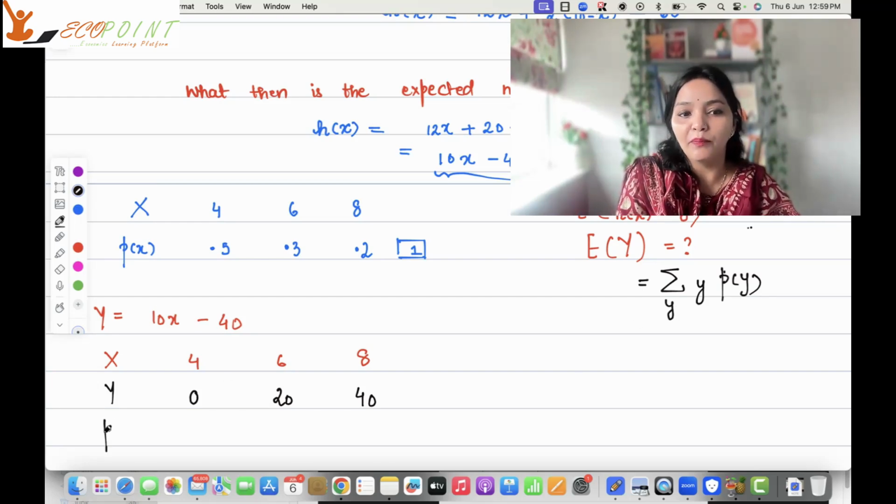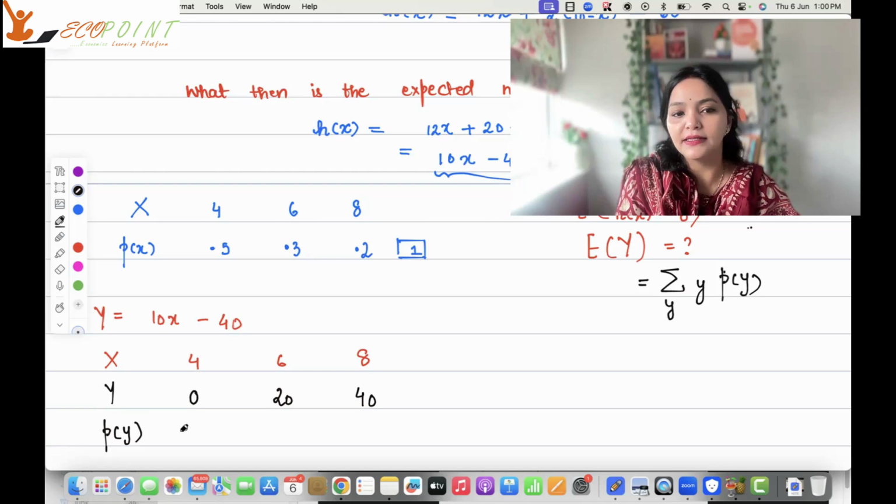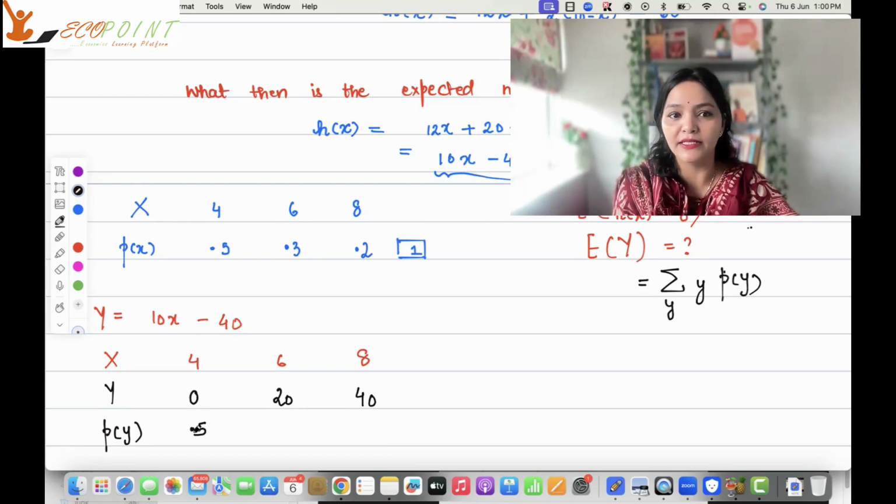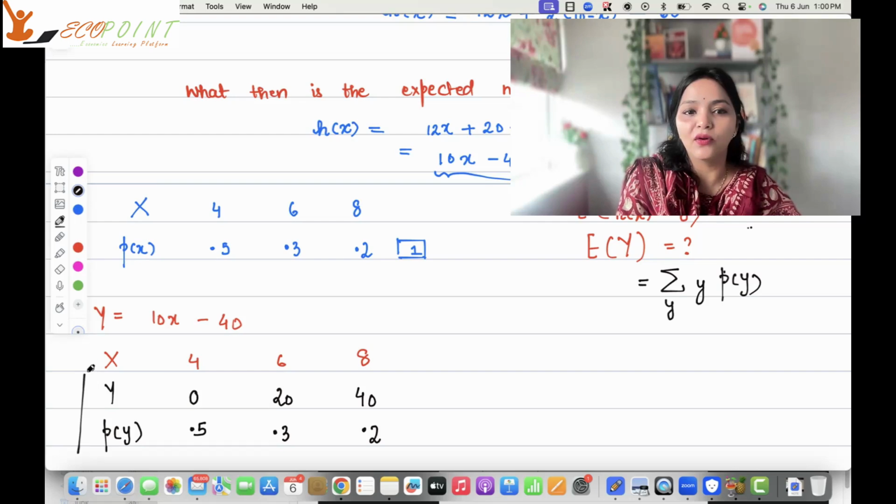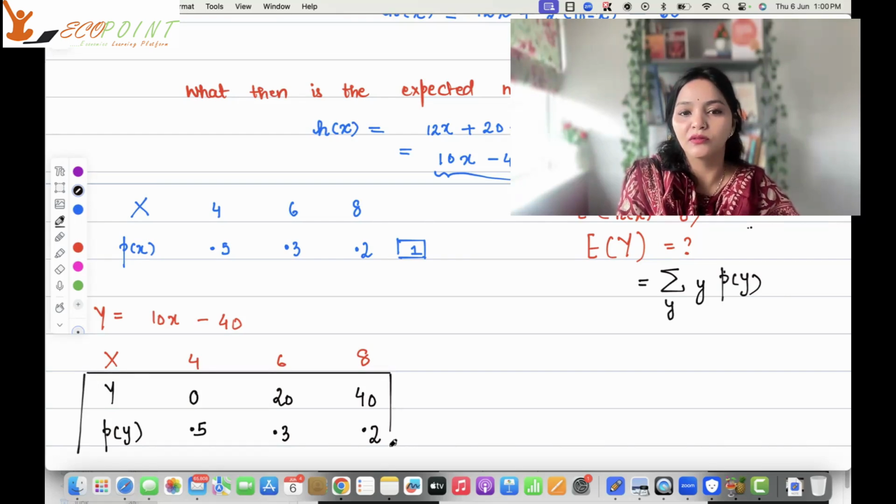So therefore, py is nothing but 0.5, the same probability as the probability with which x is taking value 4. Similarly, 0.3 for 20 and 0.2 for 40. Okay. Now, this is your distribution or PMF for y.